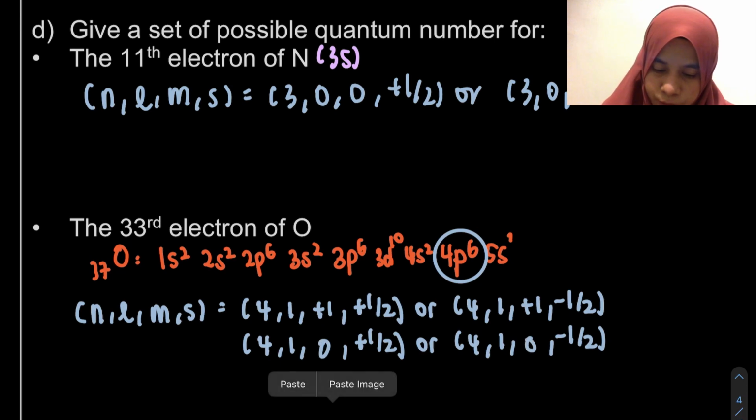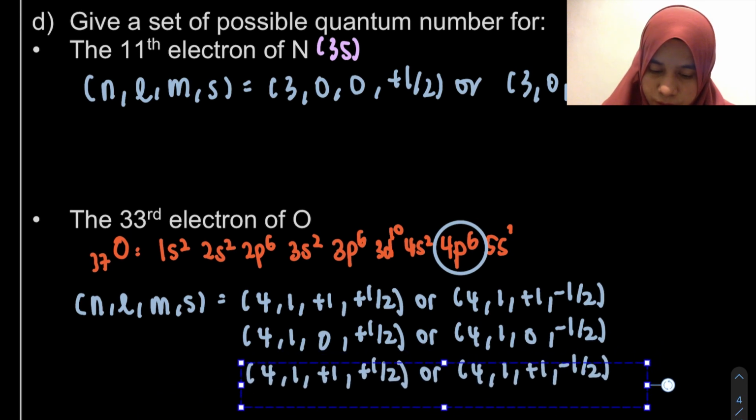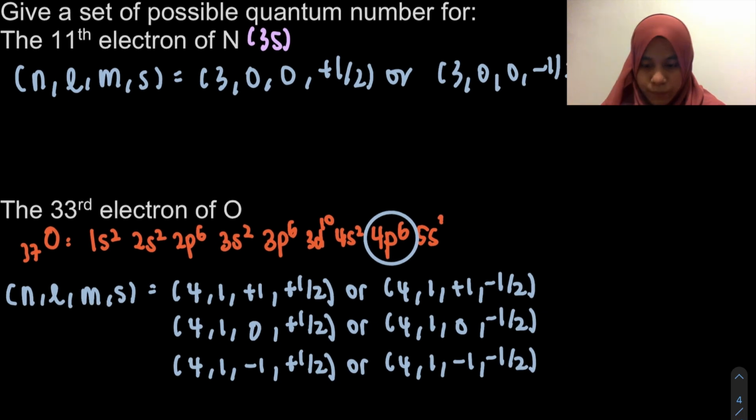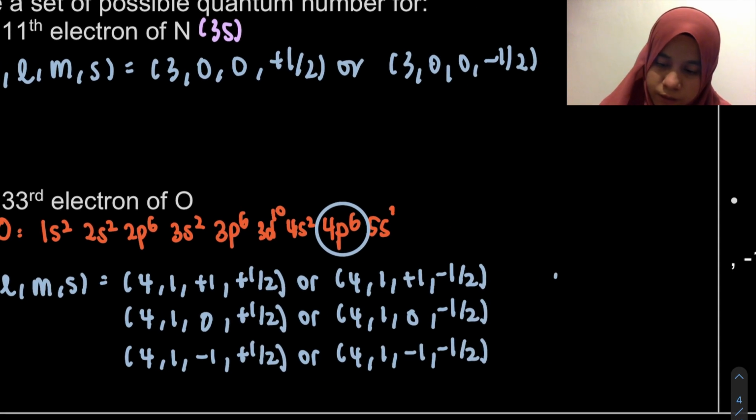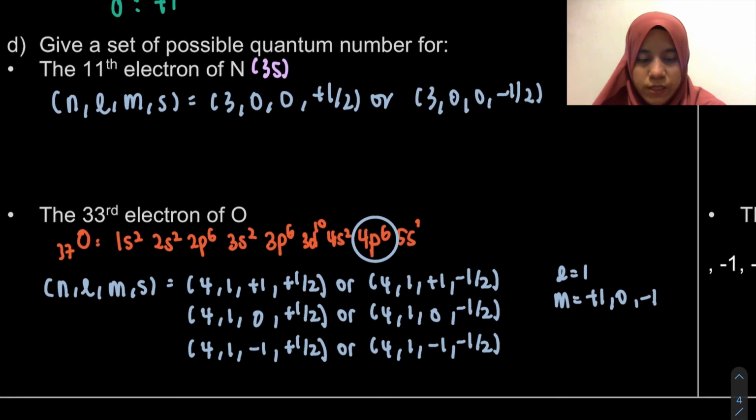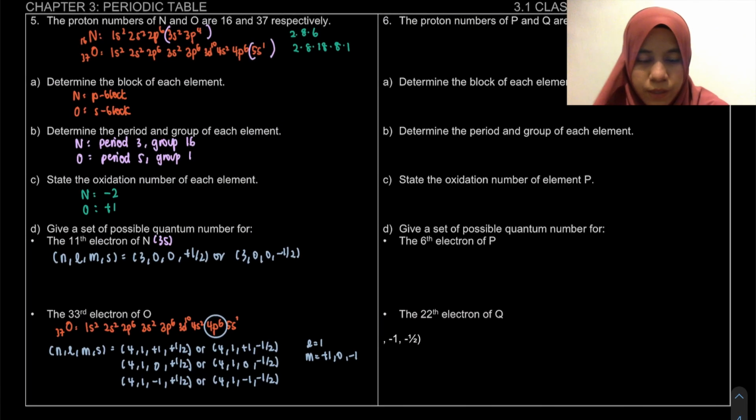Okay, so remember that when L equal to 1, M could be positive 1, 0, negative 1. So, that's why lah ada possibility ni. Okay. So, again, that's the last part of example number 5. Example number 6, I believe you could try yourself.